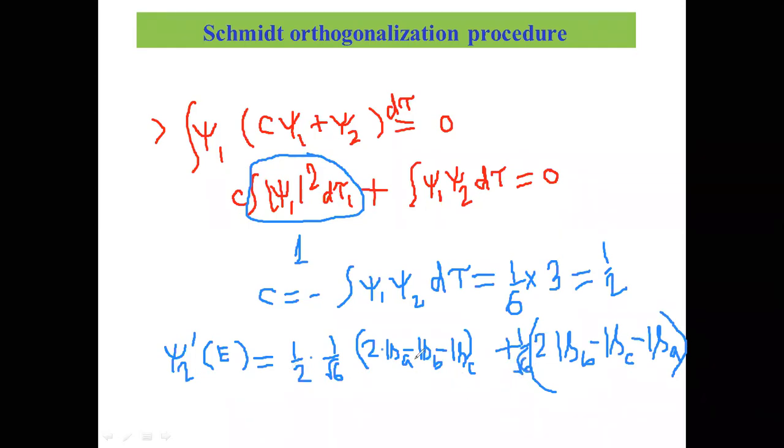Right. If you do simplification, I think what you are going to get here is with the coefficient. I'm not writing the coefficient, because I have to normalize this, whatever the coefficient you are going to get, that coefficient is going to be there. Let's say that is, let's say, n, right?